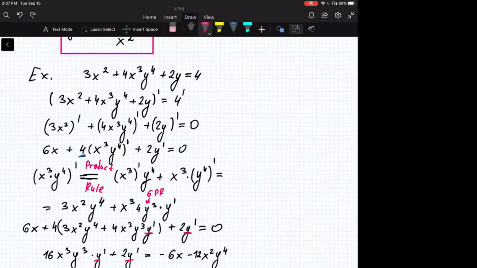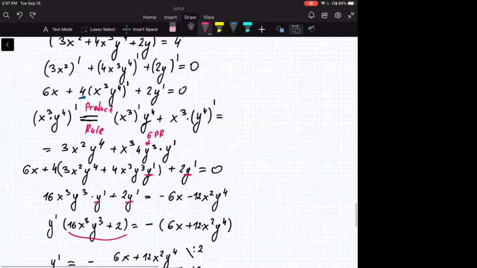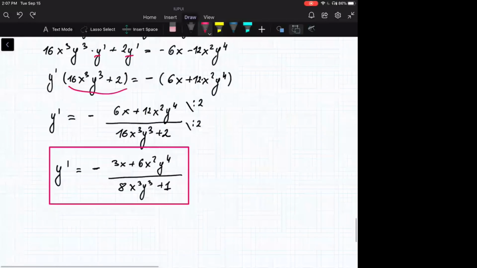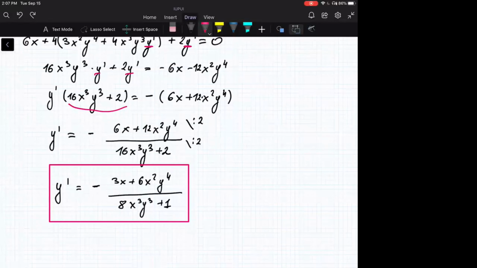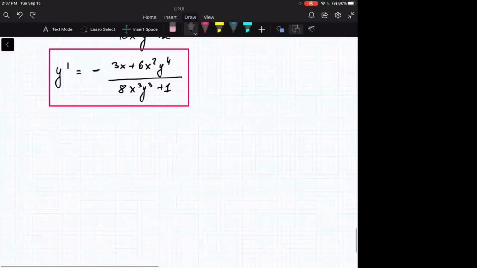So there is no way that you can express y in terms of x, and you cannot find the derivative explicitly. But the good point is that you can still find the derivative using the implicit technique. Let's do one more.